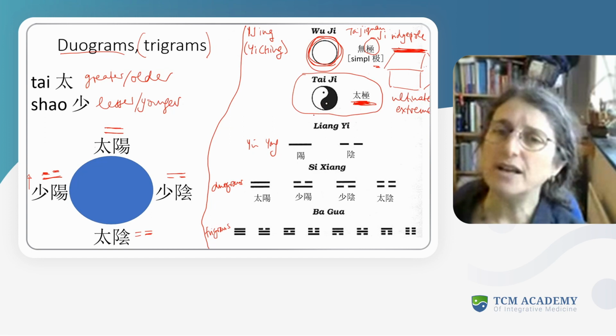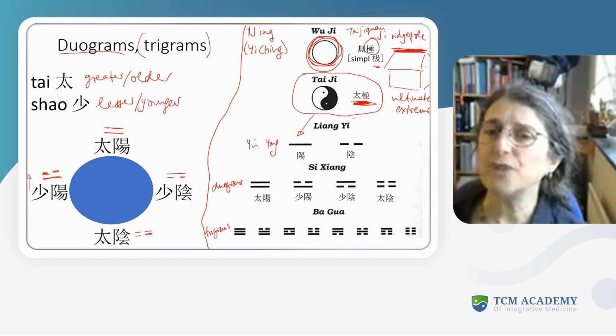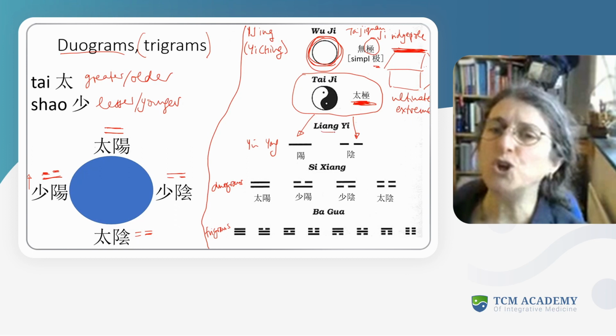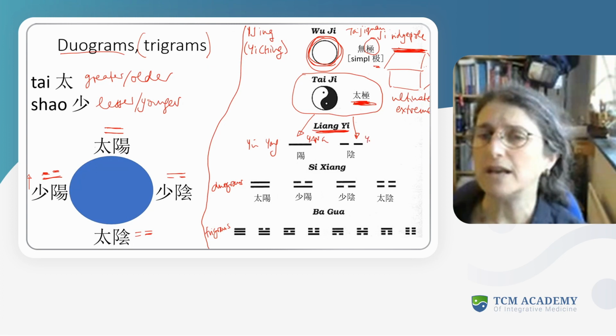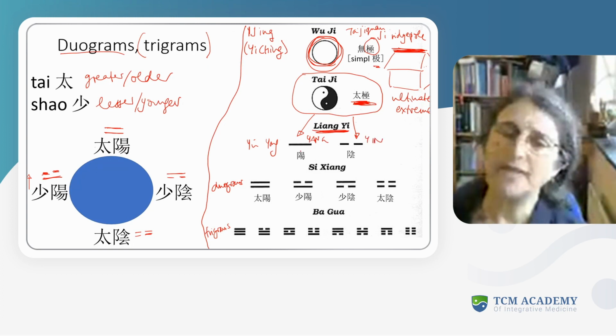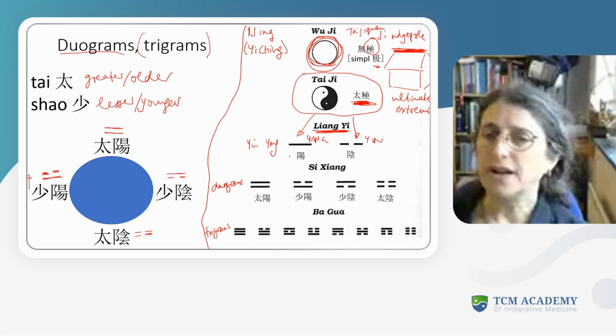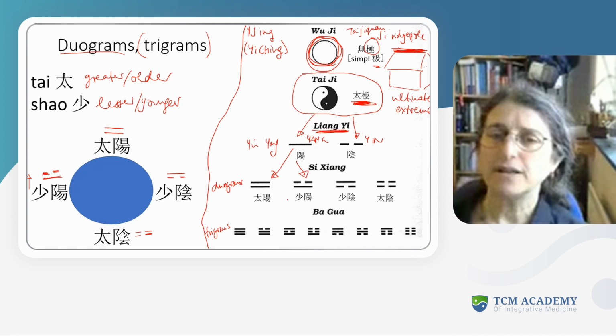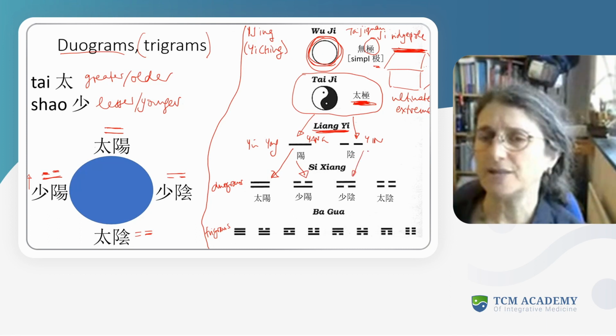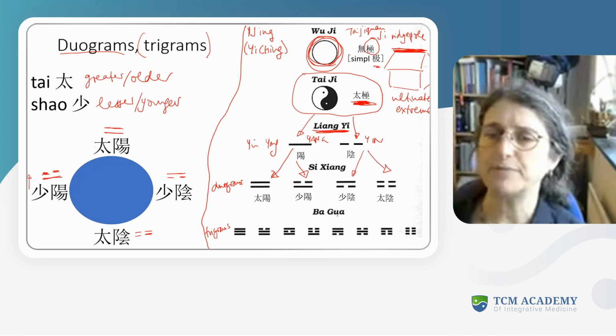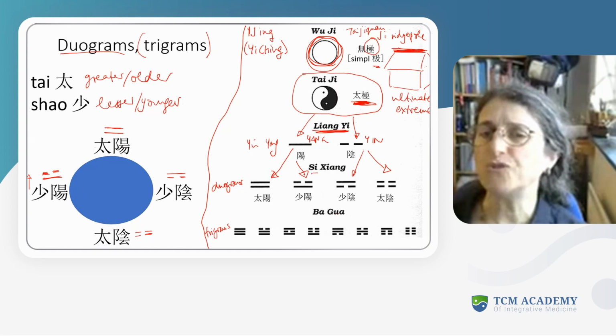And the Taiji separates into the two. This is the couple, and the couple is yang and yin. And then these two, you can put together in 4 different ways, and so you get this and this, which we call duograms, or they're also called the 4 images.